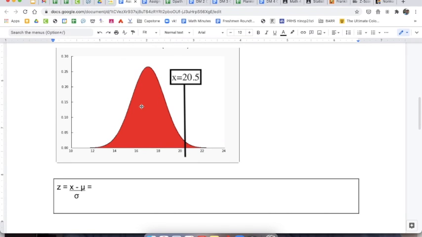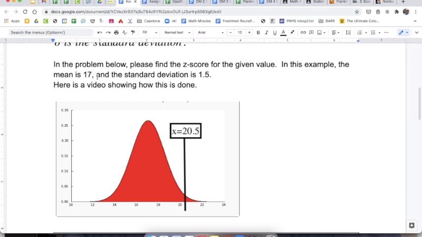So, given this distribution, the mean is 17, we can see that right in the middle, and looking at that inflection point right there, we can see that one standard deviation above the mean is at about 18.5, and that fits with the given information here.